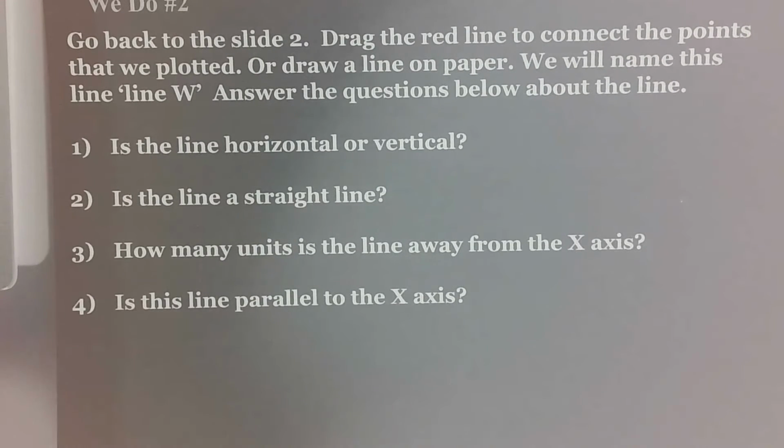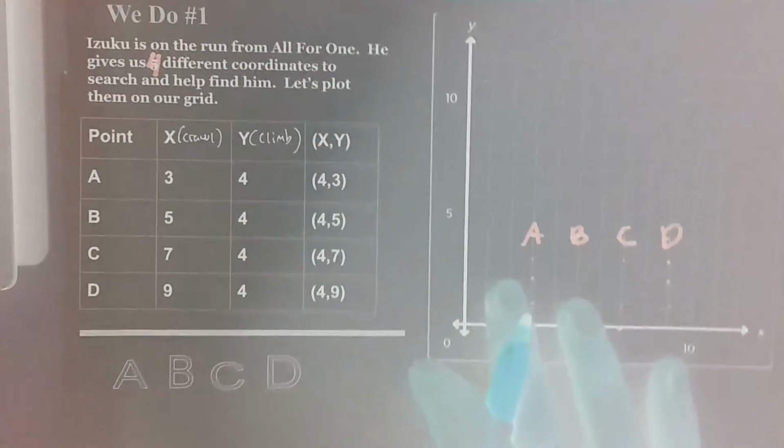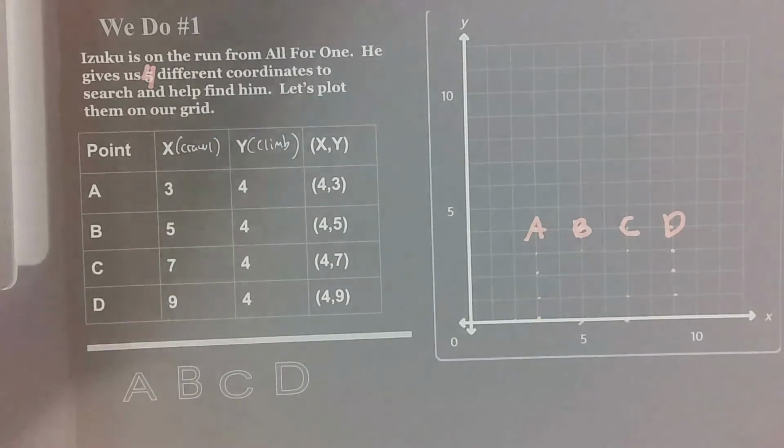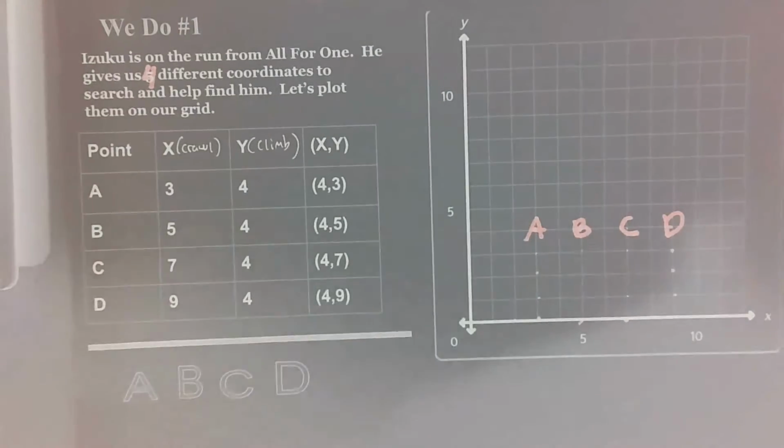We will name this line, line W. And there are some questions about line W. Before we get to the questions, let's create line W. Now, I couldn't get a color that shows up red on my inverted screen, but pretend this is red. The color is not super important.